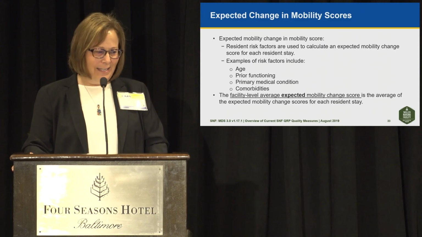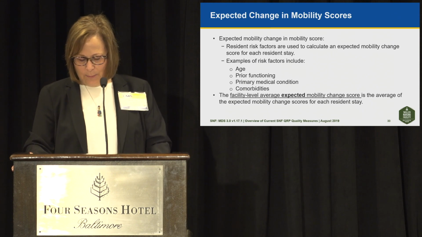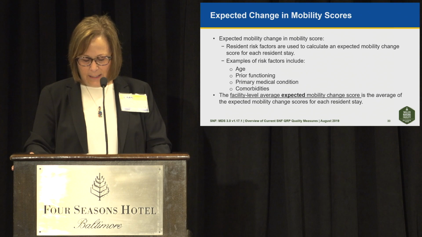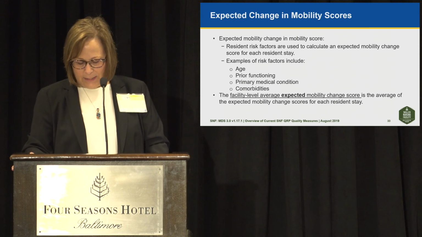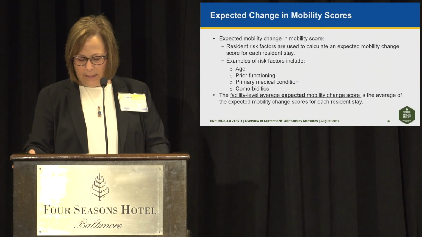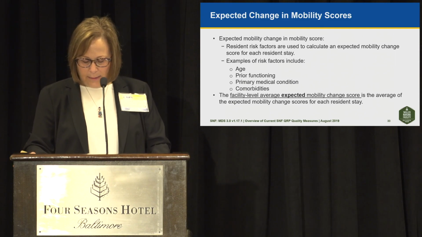The measure calculations used in the change in function measures use both observed scores and expected scores. After you calculate the observed score for each resident stay, the next step is to calculate an observed change score and an expected change score for each resident stay and for the facility.